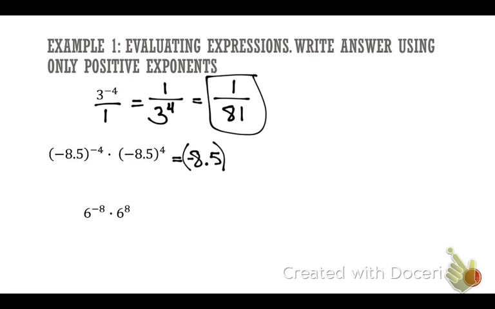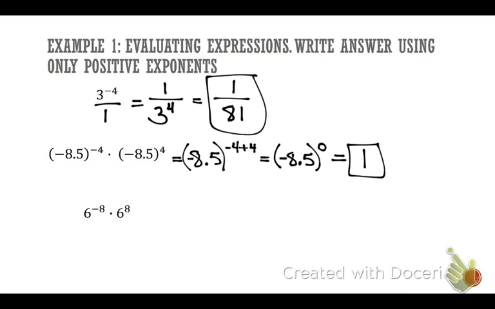Negative 8.5, what is negative 4 plus 4? 0. Negative 8.5 to the power of 0 is 1. And now product of powers just made a very, very difficult problem to solve by hand a piece of cake.